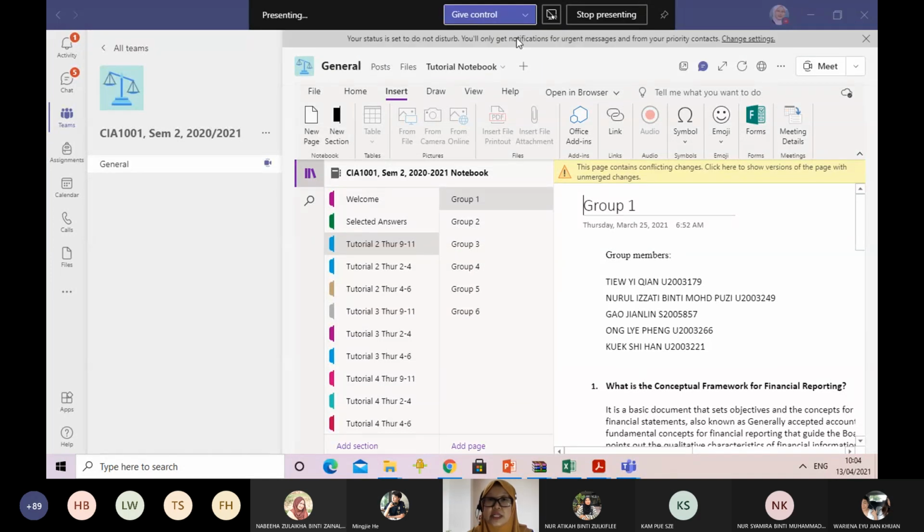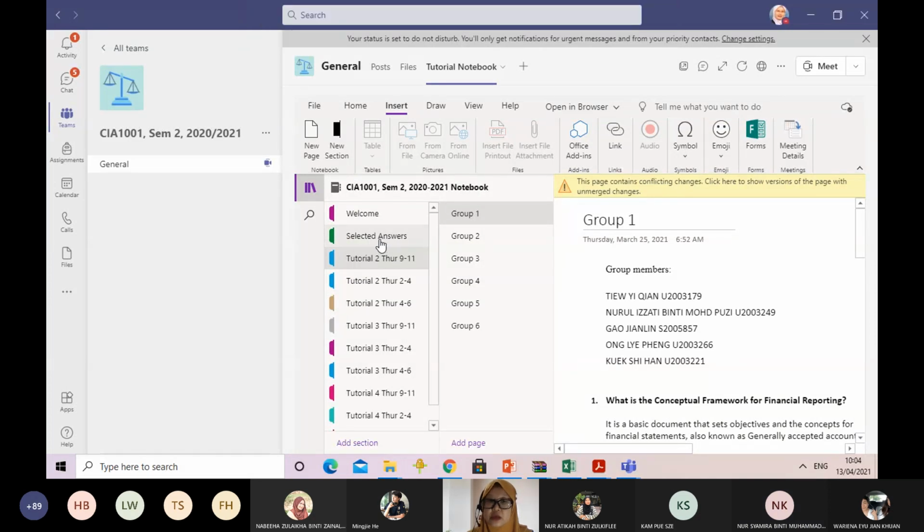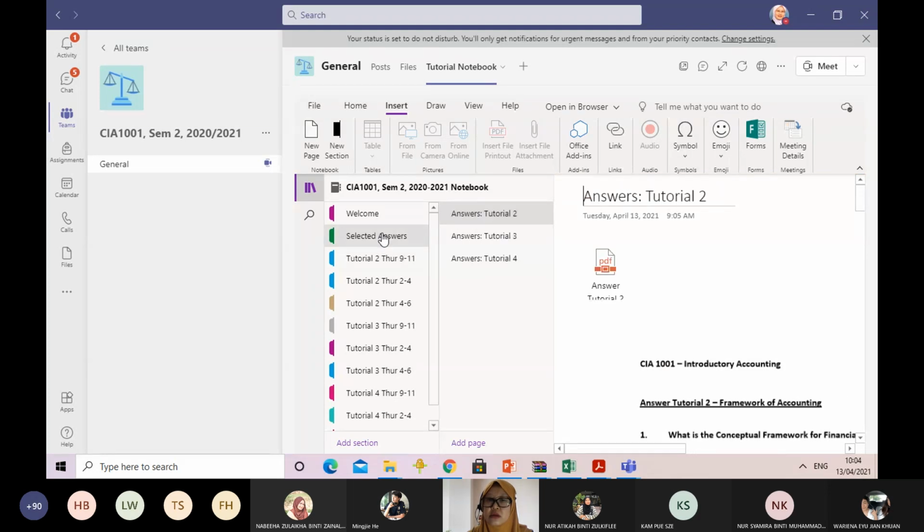Okay, can you see the tutorial notebook on your screen now? Yes, doctor. Okay, so I put the selected answers up here. So you can check the answers for tutorial 2, 3, and 4.